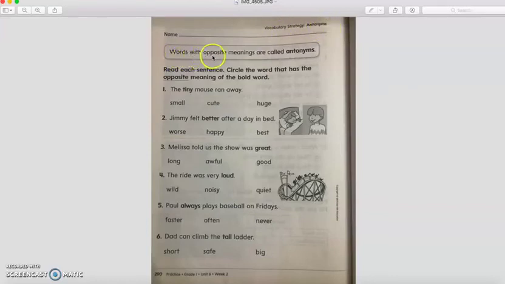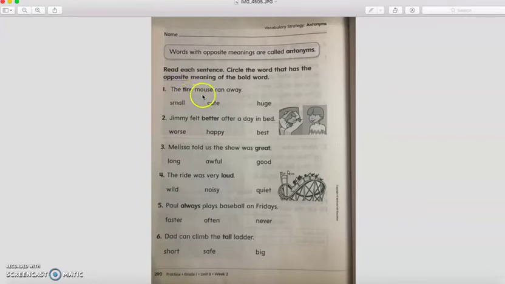Words with opposite meanings are called antonyms. Read each sentence. Circle the word that has the opposite meaning of the bold word. What do you mean by bold? Bold has a really dark black color, like this word.